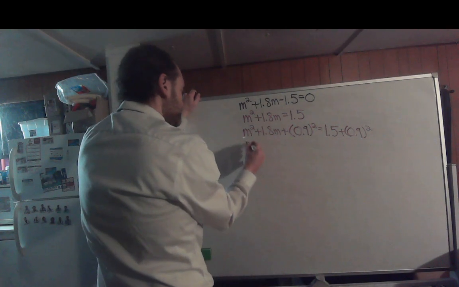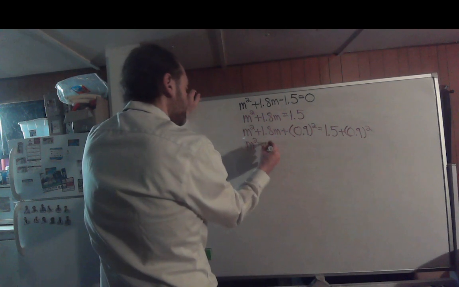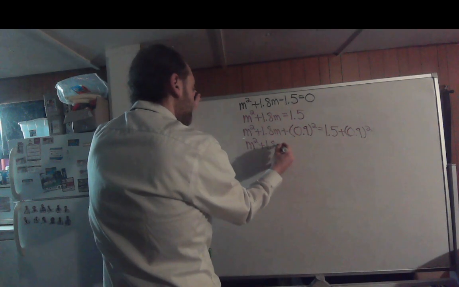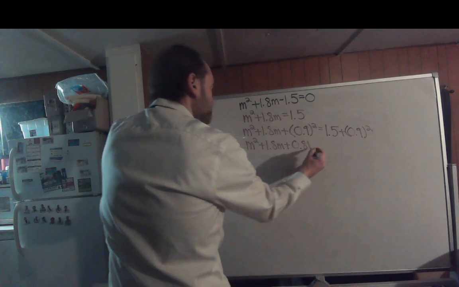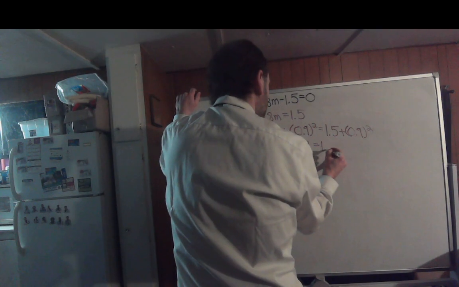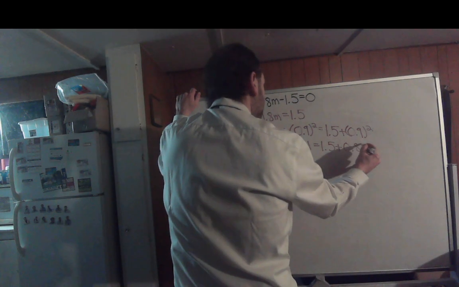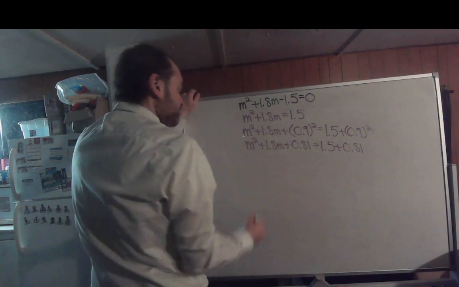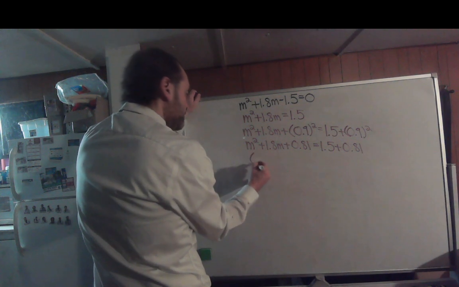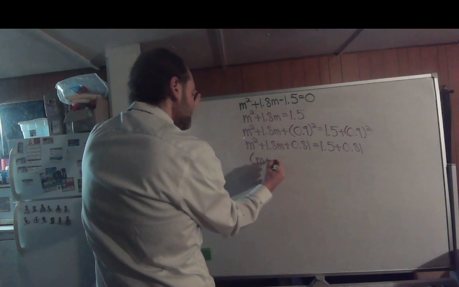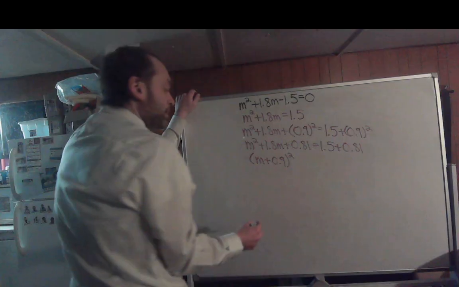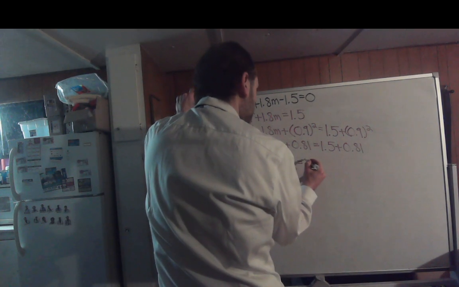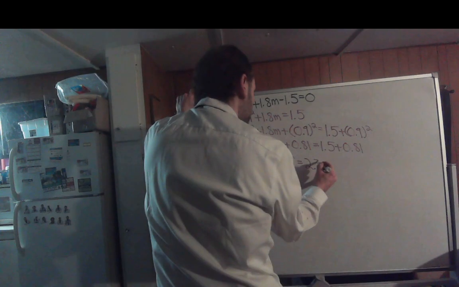So this will turn into m squared plus 1.8m plus 0.81 is equal to 1.5 plus 0.81. So the left side becomes a binomial square. That'd be m plus 0.9 raised to the second power would end up equaling 2.31.